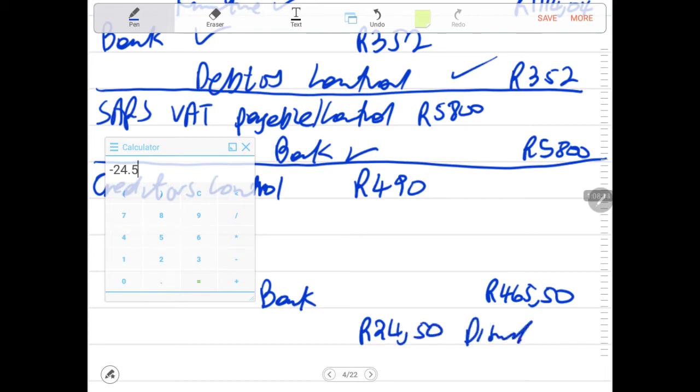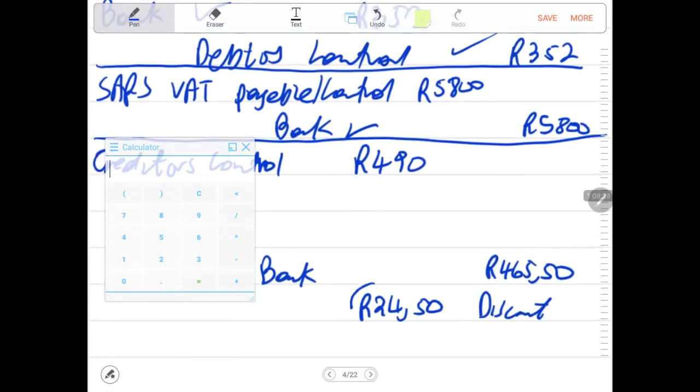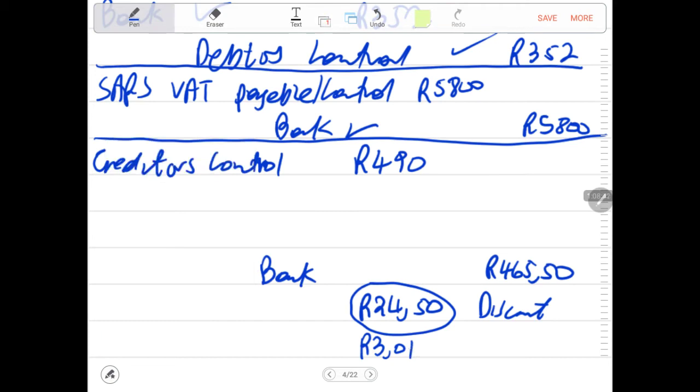This is the amount of the discount, and it is including VAT. So now we need to know how much VAT is included there. R24.50 by 14 over 114. Then our VAT will be R3.01. So we record our VAT, which is VAT control, input VAT.